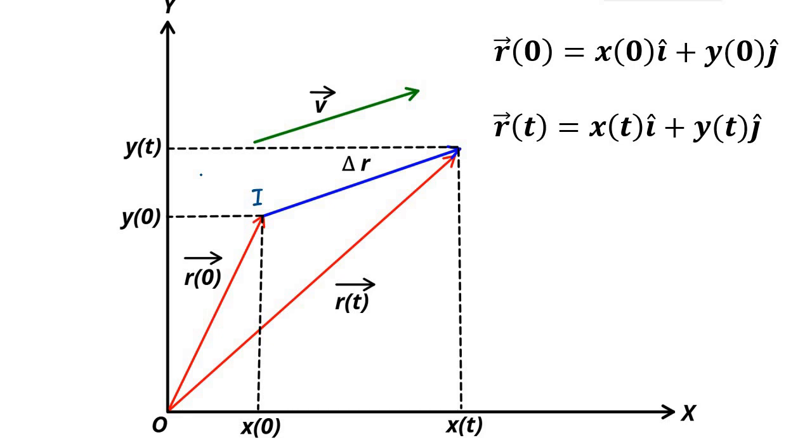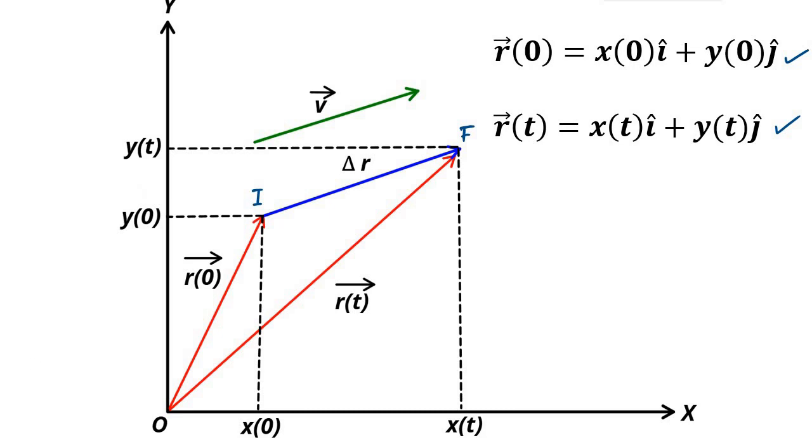So it is represented as x0 i cap plus y0 j cap. Similarly, the final position vector F, which is defined by this position vector Rt vector, has its x and y components as xt and yt. So it is represented as xt i cap plus yt j cap. These two things are clear. We have discussed it previously also.